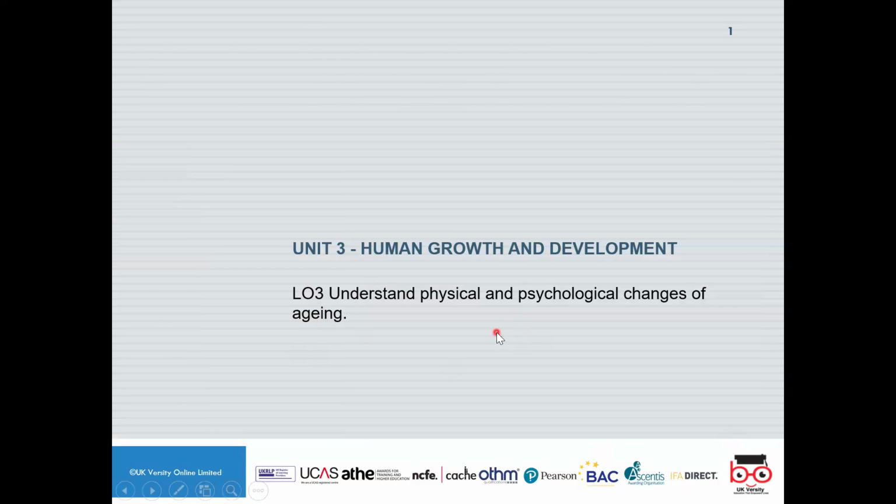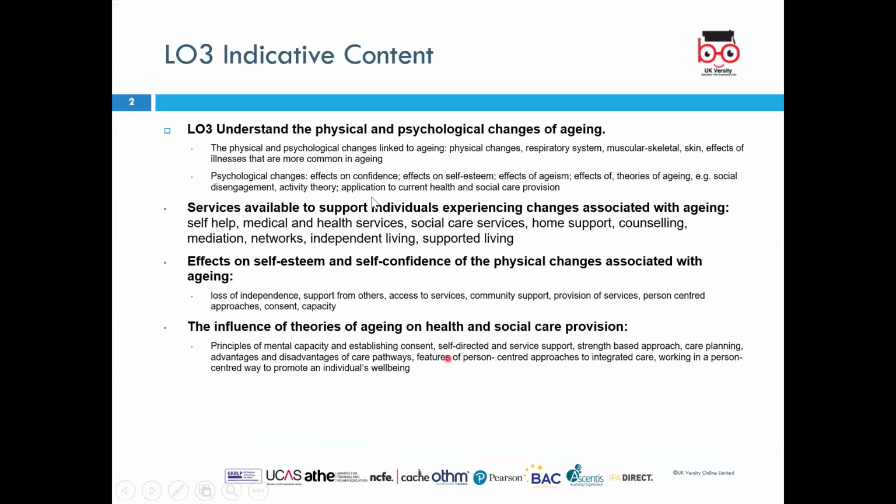We'll go through these factors: the physical and psychological changes of aging, services available to support individuals experiencing changes associated with aging, the effects on self-esteem and self-confidence of the physical changes associated with aging, and the influence of theories of aging on health and social care provision.